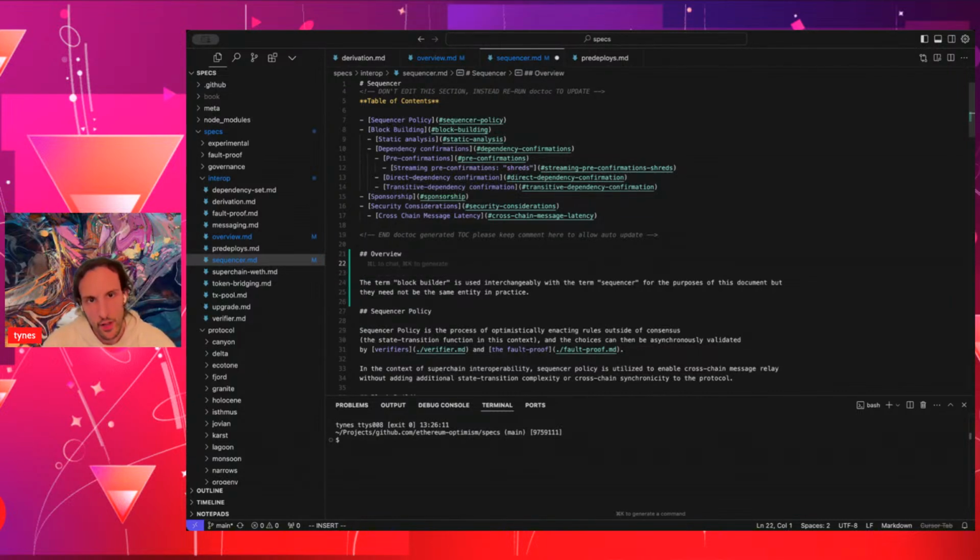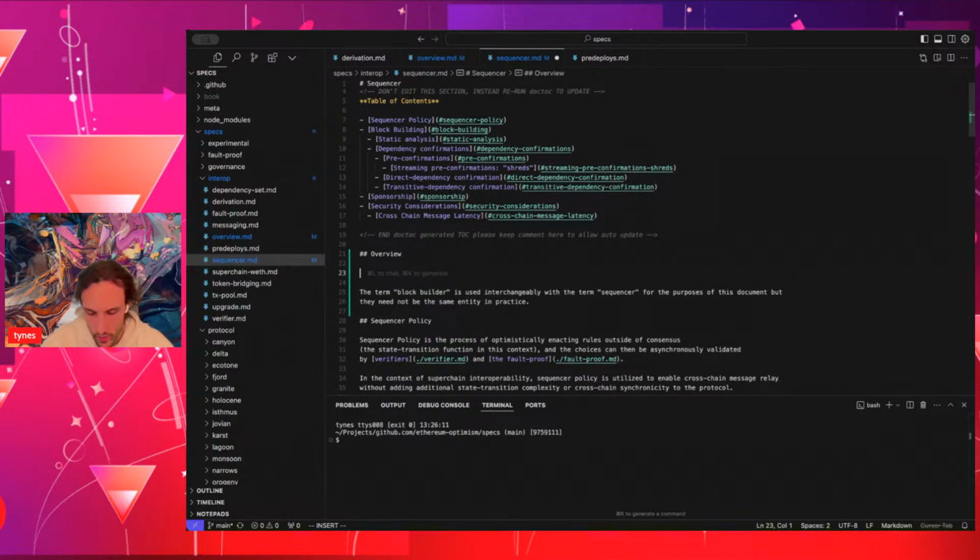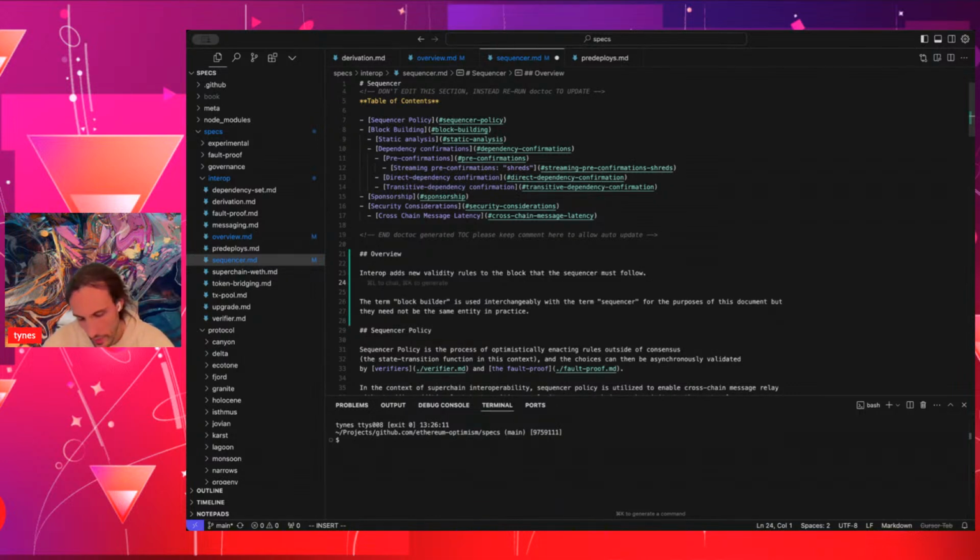So, okay, the big thing about the sequencer is interop. Interop adds new validity rules to the block that the sequencer must follow. Basically, every executing message must be valid.